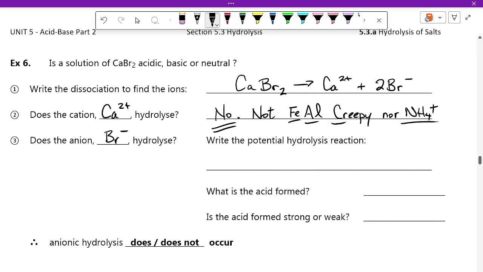And if you're like, I feel lazy, I don't feel like writing this down every time, not Fe, Al, Cr, nor NH4+, just remember if you write it down every time, you will remember it. So if you have trouble remembering things, write it down. If you have no problem remembering things, do what you will.